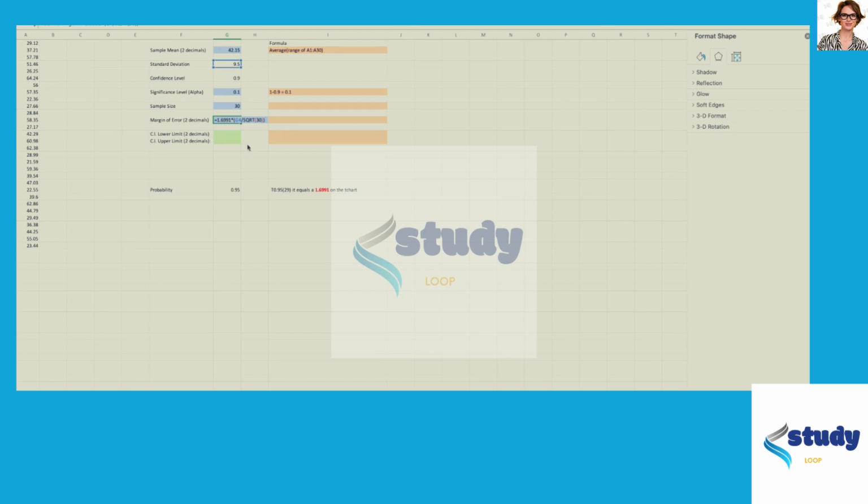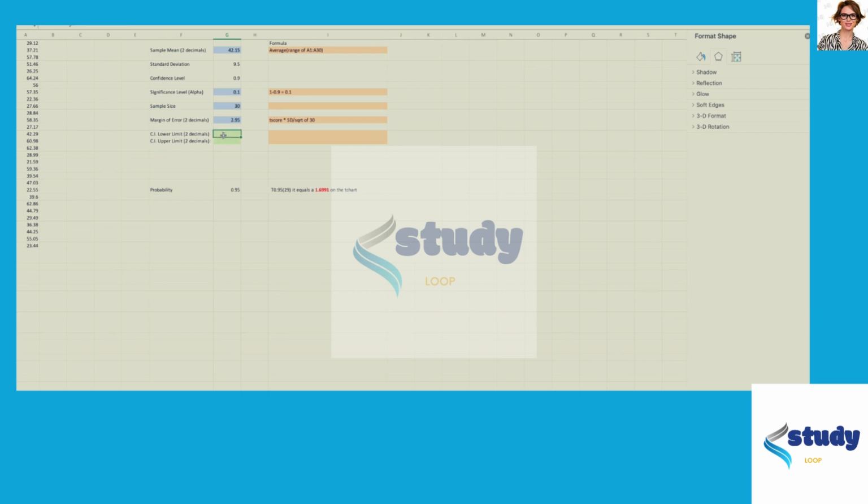You have to do 2 parentheses. So that's going to be your t-score times your standard deviation, I'm just going to put SD, divided by the square root of your sample size of 30. Okay? And so to 2 decimal places.